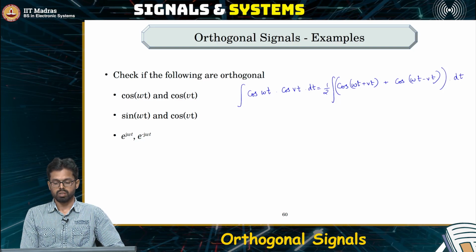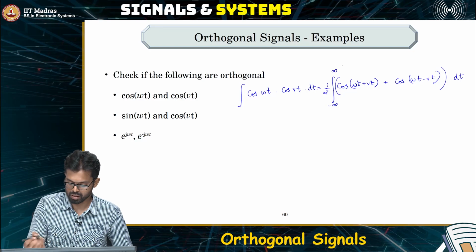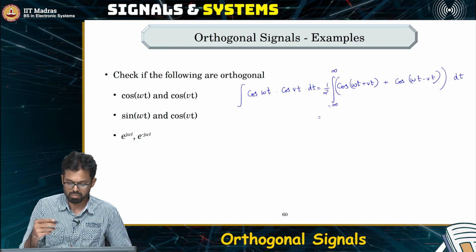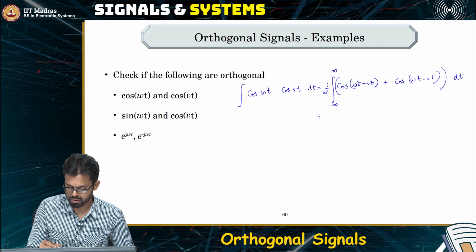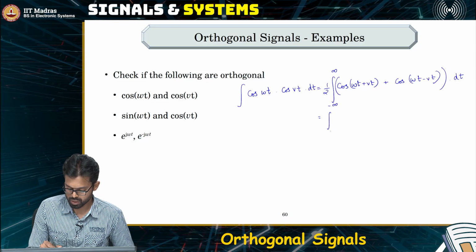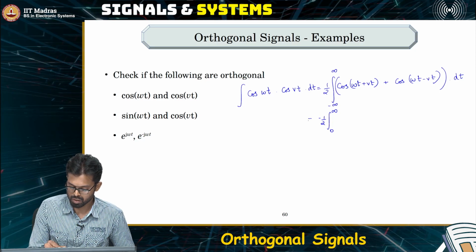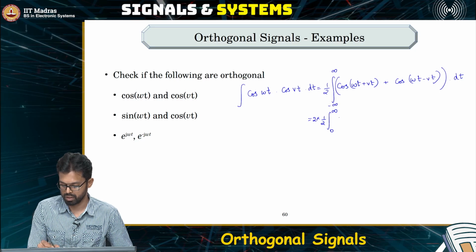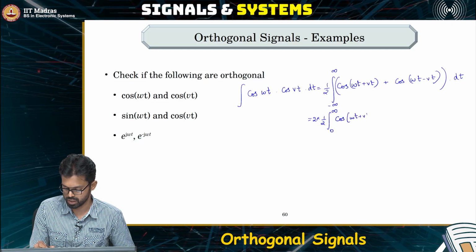Now what is the value of this integral, which is from -infinity to +infinity? So if you think about this, of course it is an even signal because of cos, so we'll get this to be just 2 times of the area between 0 and infinity, and hence we have the same thing, but the limits are now changed.